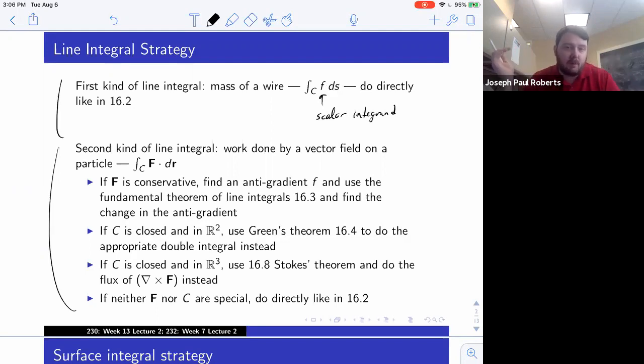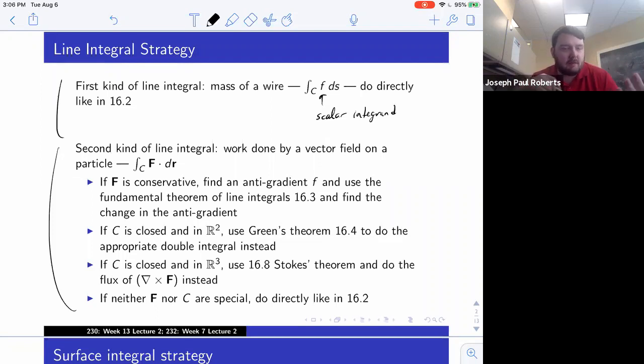And so some parts of your wire are heavier, other parts are lighter. You could account for that by having your integrand F be the density at different points on your wire. This could also function for, say, traffic on a road. Any kind of quantity that's distributed heterogeneously on a one-dimensional curve.